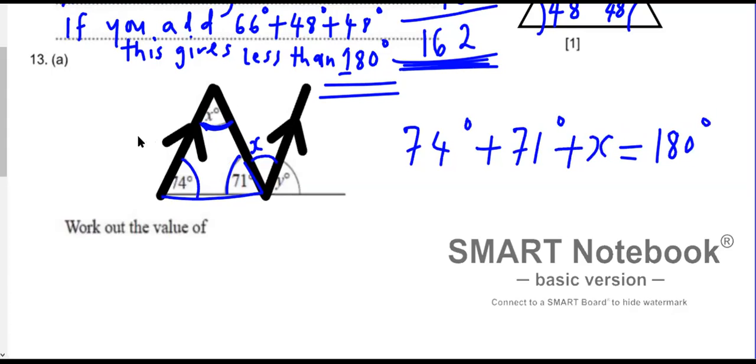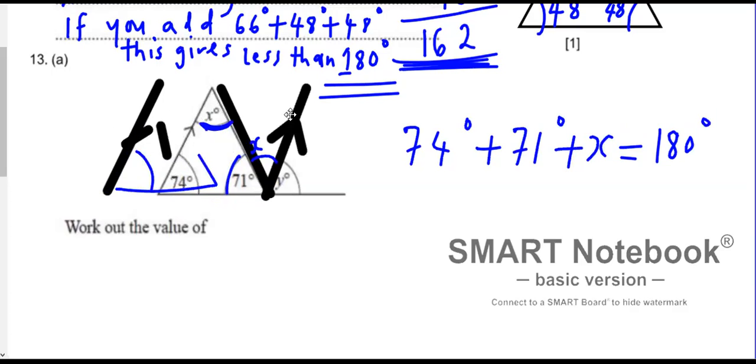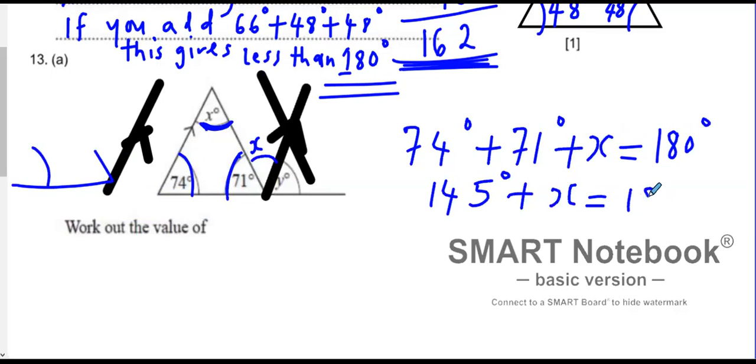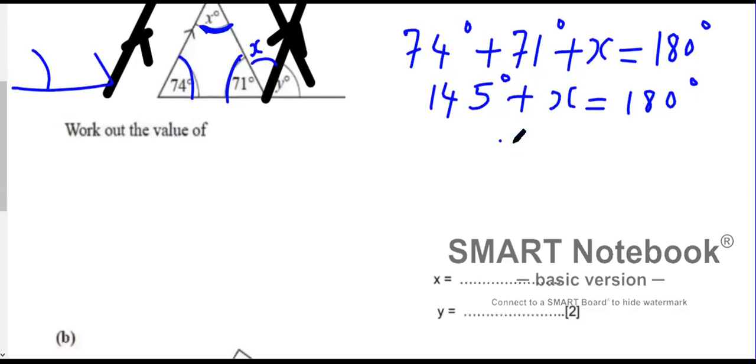So now, 74 plus 71 gives you 145 degrees, plus X equals 180 degrees. So to find the value of X, you need to subtract 145 from 180.